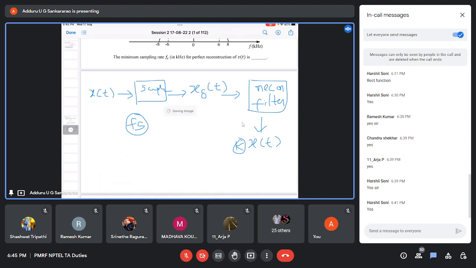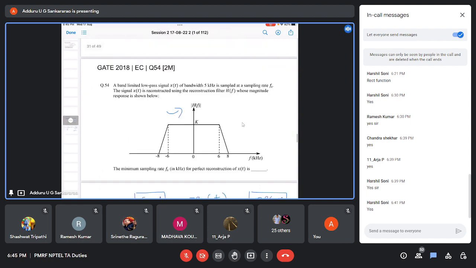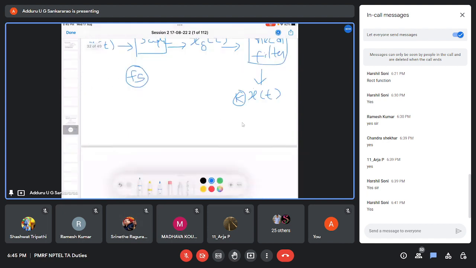Here the signal x of t is band limited to 5 kilohertz. That means x of t, the signal in the time domain, has a Fourier transform X of omega with some kind of response. We don't know exactly how it looks, but it is band limited to 5 kilohertz.